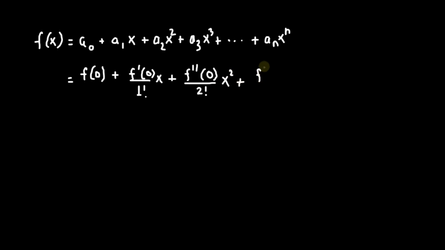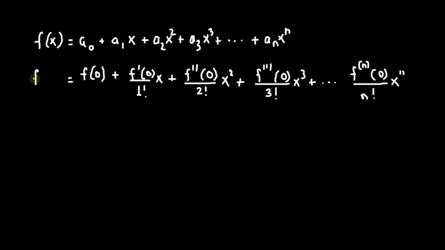And for a3 we have the third derivative of function f calculated at x equals 0 divided by 3 factorial times x cubed, all the way up to the nth term, which is the nth derivative of the function f calculated at x equals 0 divided by n factorial times x raised to the power of n. So this is our function f of x, which was an nth order polynomial function, and now we have written it in terms of a Maclaurin series.